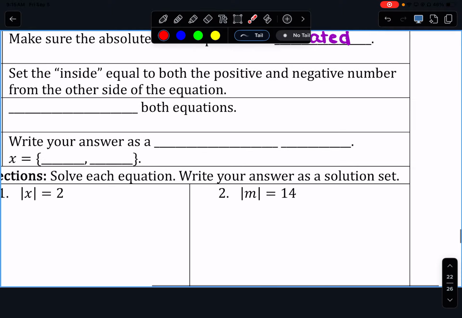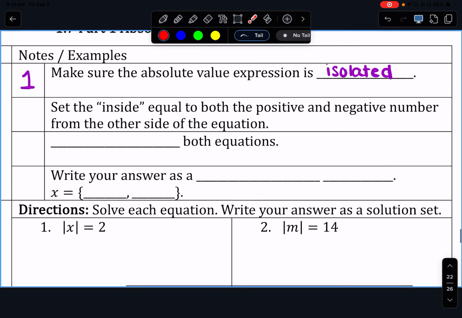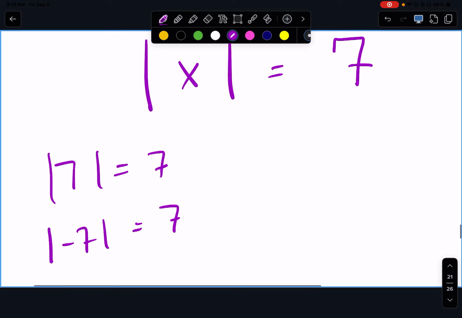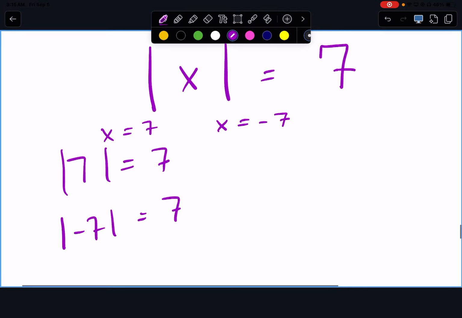Now, from there, we're going to take what is on the inside and set it equal to both the positive and the negative numbers from the other side of the equation. Just like here, how x could be 7 or negative 7, that would want us to say x equals 7 and x equals negative 7. So we take both cases.